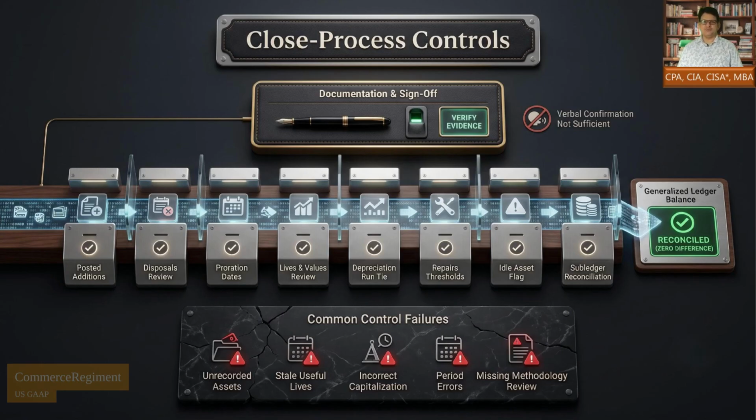Each checklist item should have evidence and a control owner sign off. Verbal confirmation is not enough for audit purposes. Common failures include assets in service but not in the register, stale useful lives, repair charges not reviewed, wrong system parameters, and unreviewed methodology changes.